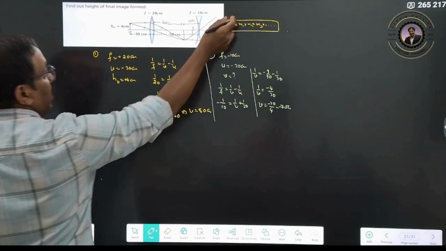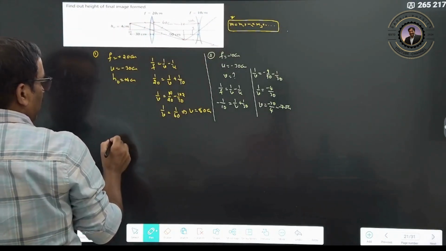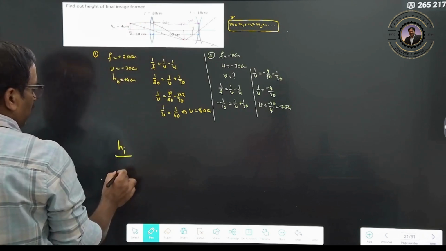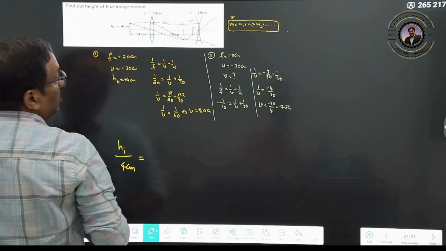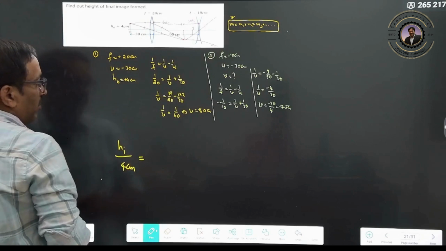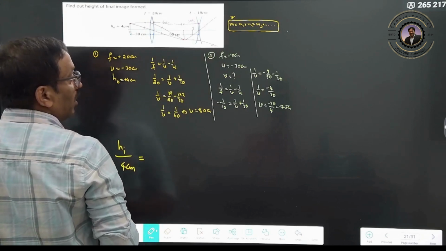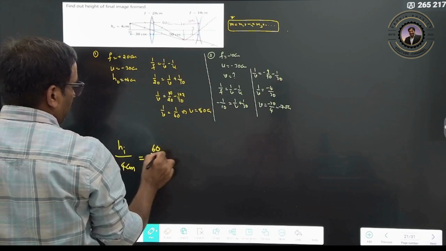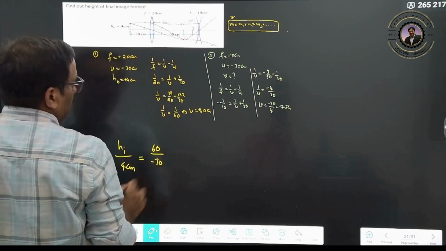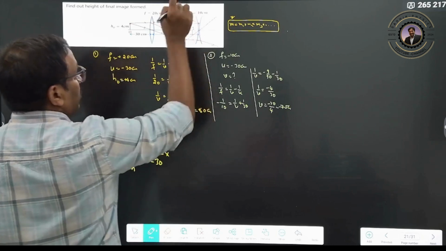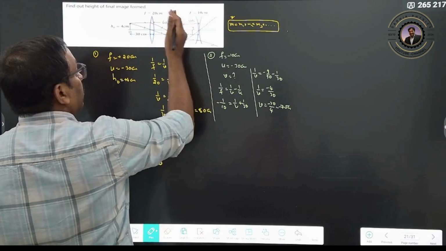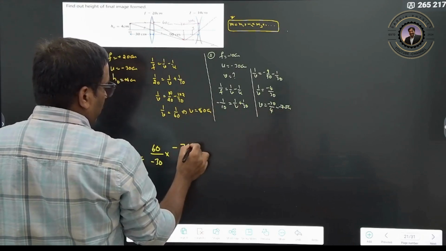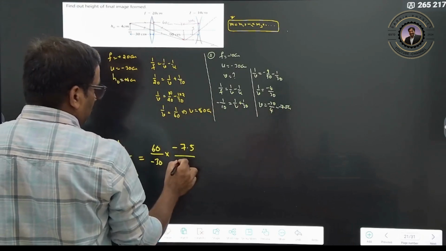Clear? So first the final magnification, therefore this is the final height of the image. The height of the object is how much? Above 4 centimeter. So first magnification, magnification is nothing but v by u. v is 60 centimeter, 60 divided by minus 30, into the magnification due to the second one, minus v by u, v is minus 7.5, so by minus 30 centimeter.